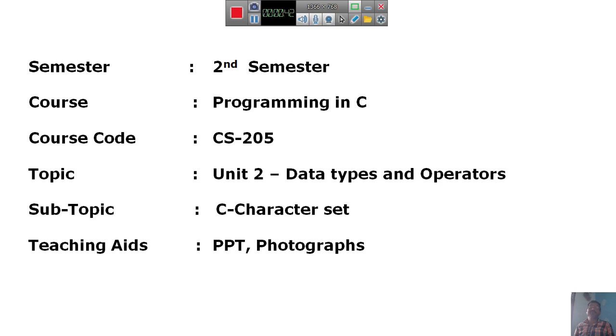It involves writing a C program, compiling the program, executing the program, and viewing the output.